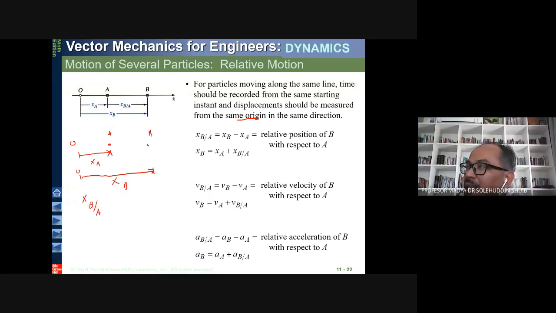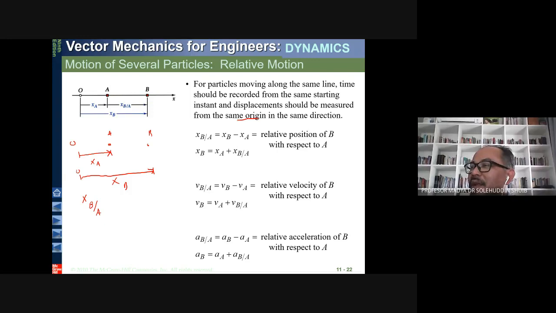It is the relative position of B with respect to A. So I write xB/A like this. The way we say it is: xB relative to A, a relative position of B with respect to A.